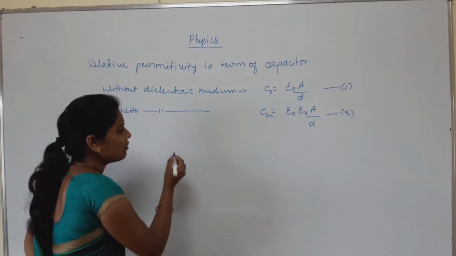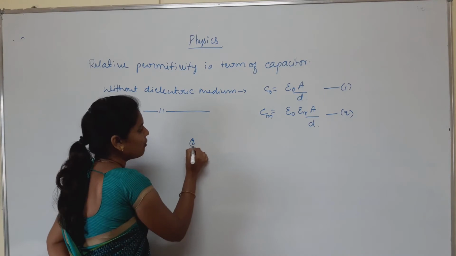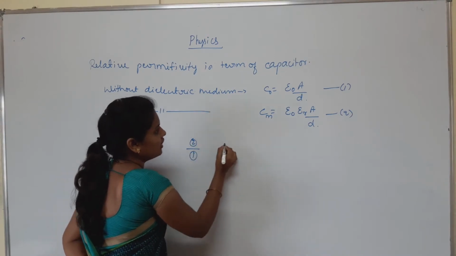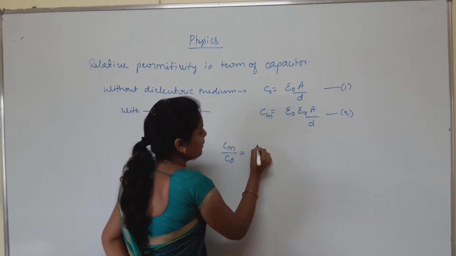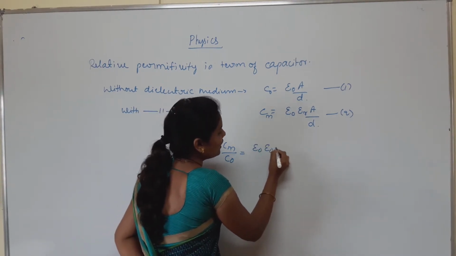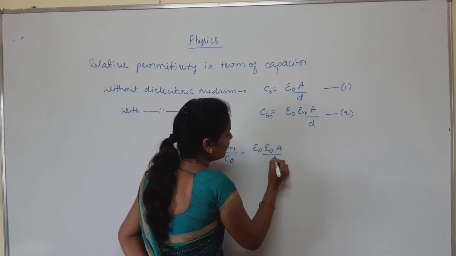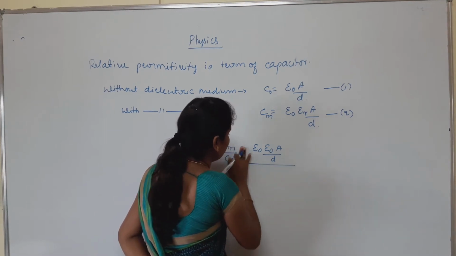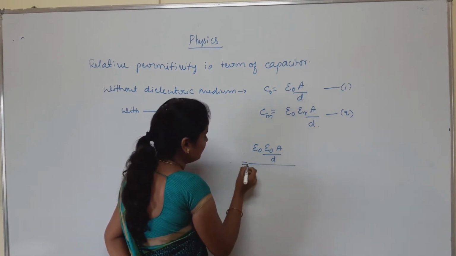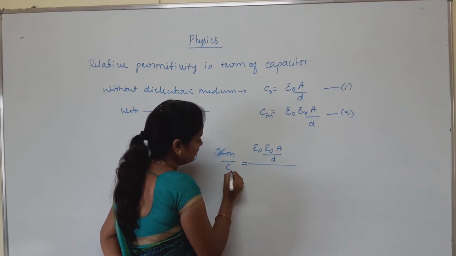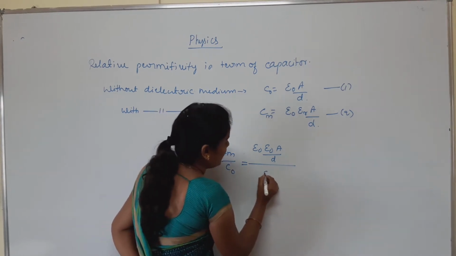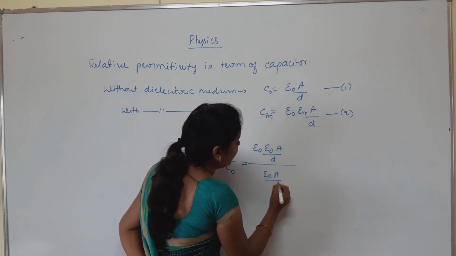Dividing equation 2 by 1, we get Cm divided by C naught equals epsilon naught A divided by D, whole thing divided by epsilon naught A divided by D.